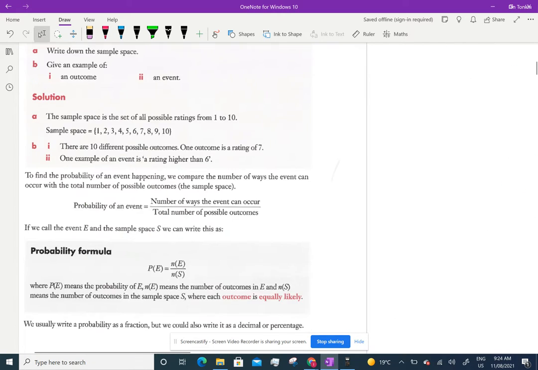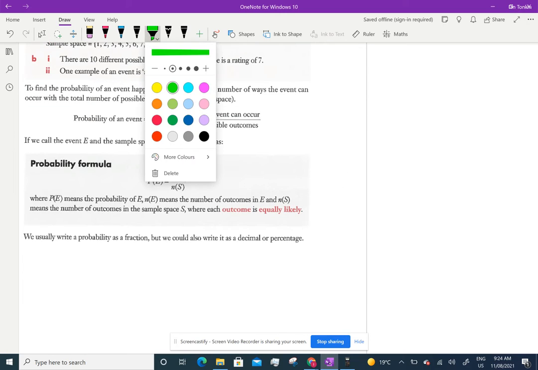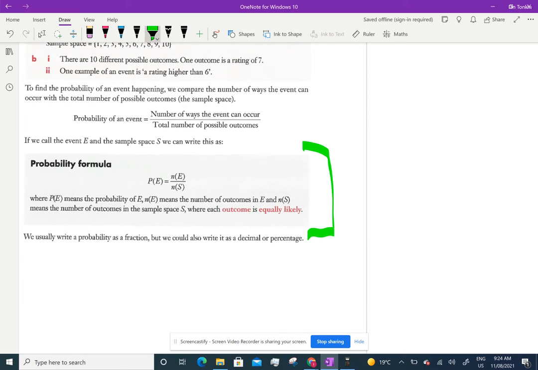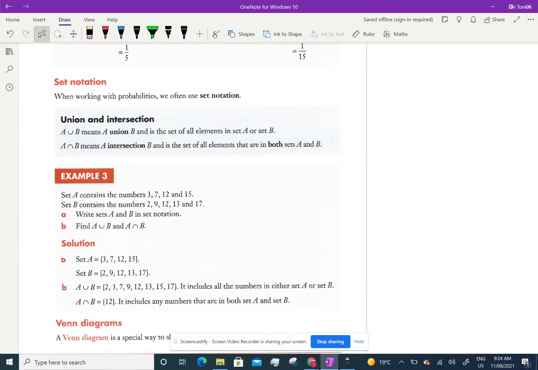Now, make sure you've got this in your notes. The probability of an event is the number of favourable events over the total number of outcomes. Now, this is what you've got to understand.